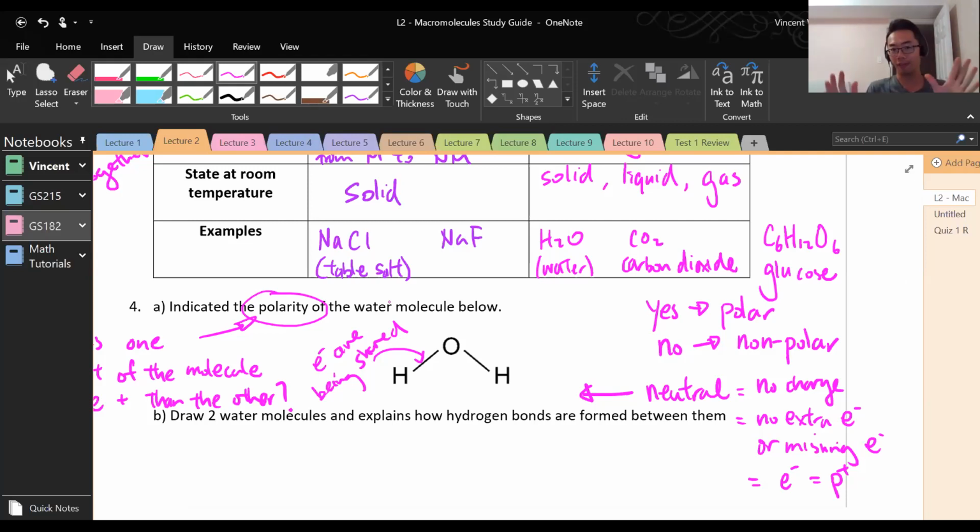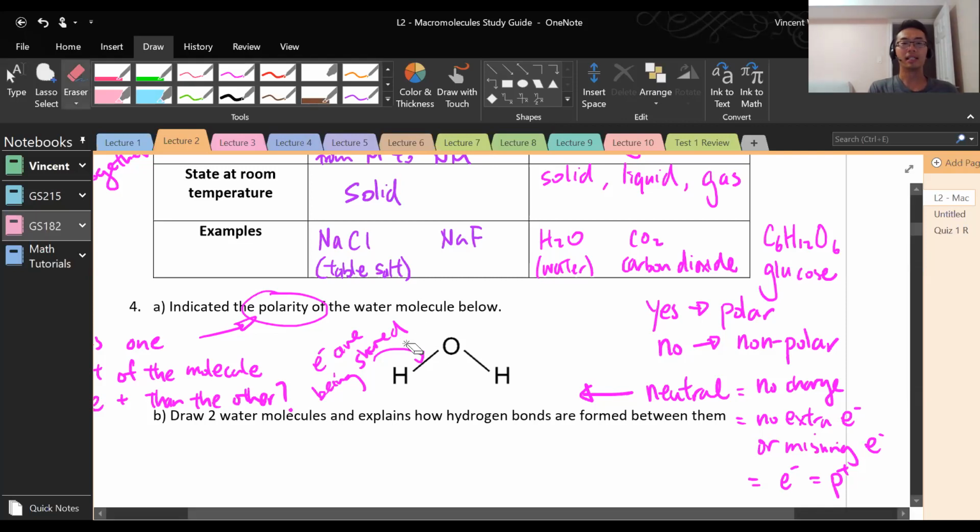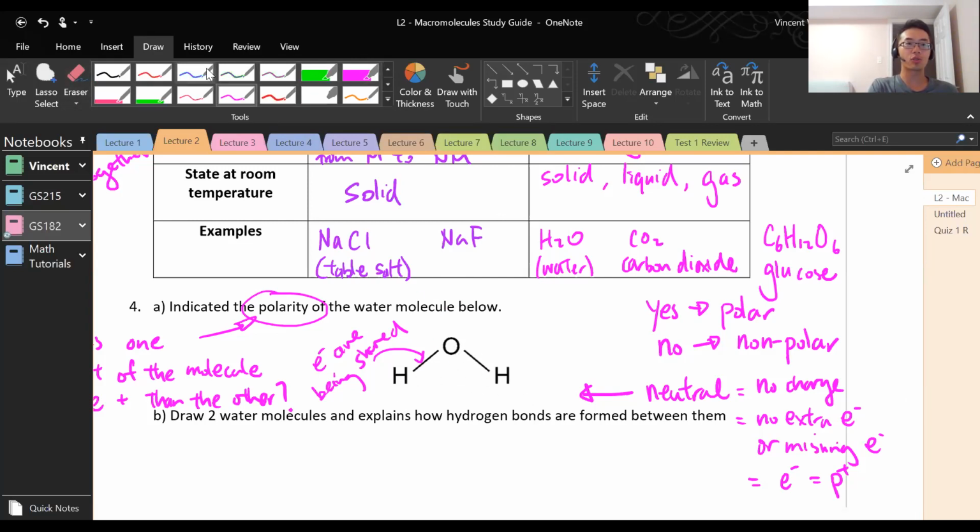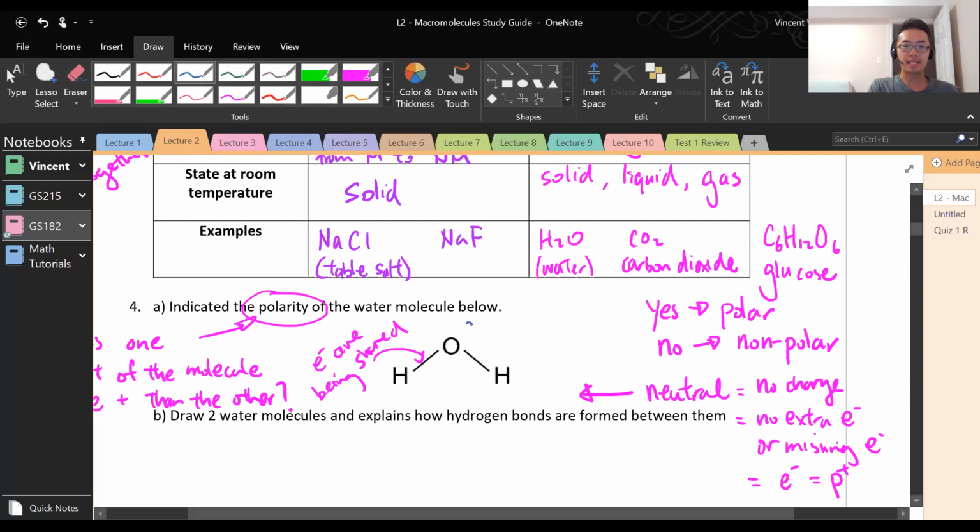It's not half-half. So similarly, even though the electrons are being shared here, the oxygen is like my older daughter, hogging the electron. So the electron spends more time around the oxygen than around the hydrogen, and as a result there is a slightly negative charge. This symbol is sigma, and it means slightly.